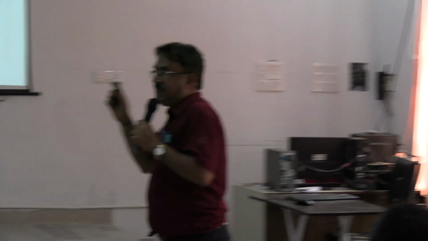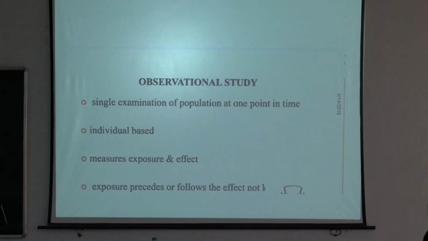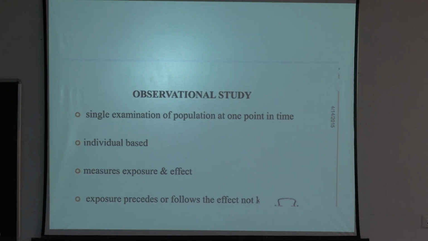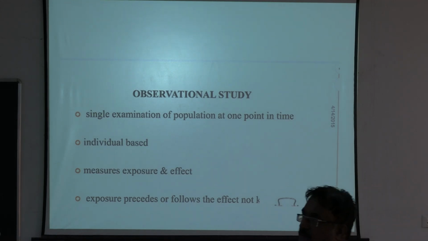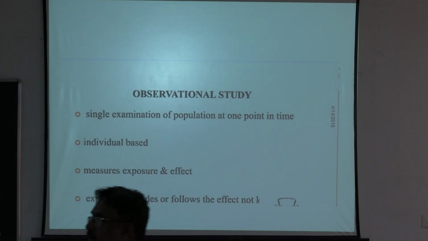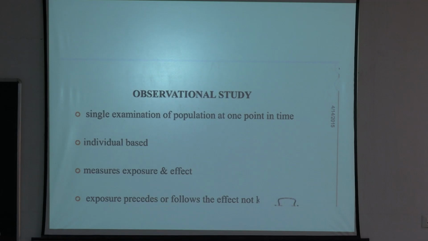So as I said, it is an observational study. You are doing a single examination of the population at one point in time. It is individual based, measures exposure and effect, and exposure can precede or follow the effect. Okay. Now, I'm at one particular point of time, doing the examination of the population, and I examine all of you, for example.